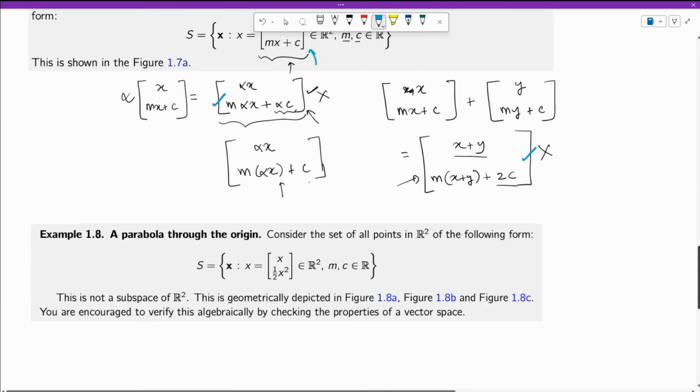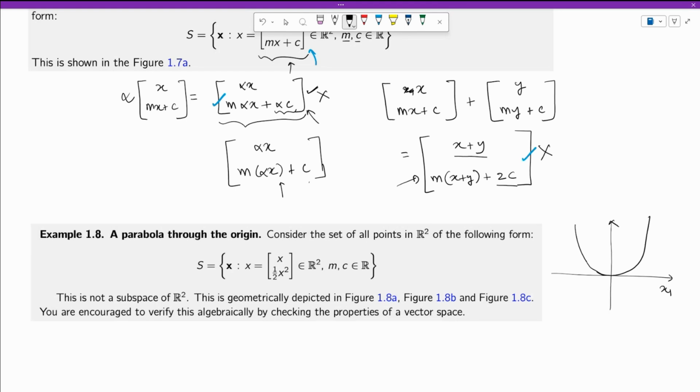You do this and tell me. Parabola passing through the origin. The question is, is this a subspace of R2? It looks like this. You take any point from this parabola of the set S, it will look like this.